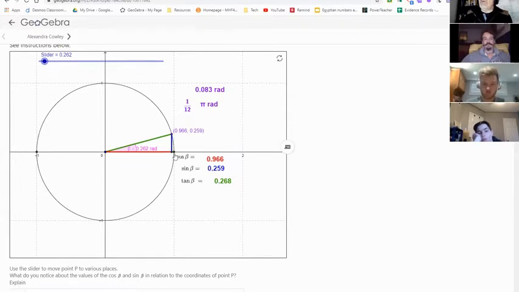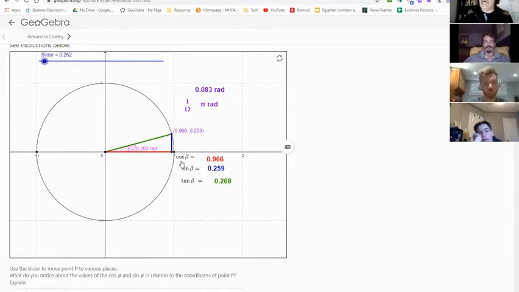If we begin with the cosine, I hope you remember that the definition of the cosine is the adjacent divided by the hypotenuse. So in this case, the adjacent is this red line, the hypotenuse is the green line, and guess what? That's the radius. And didn't we say that the radius was 1?